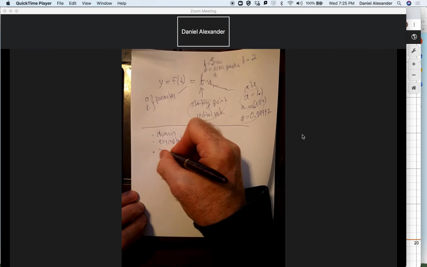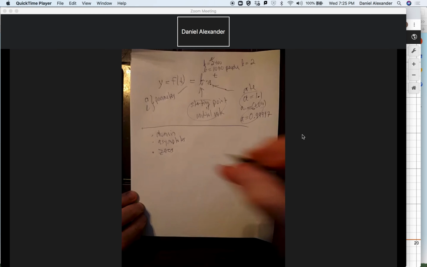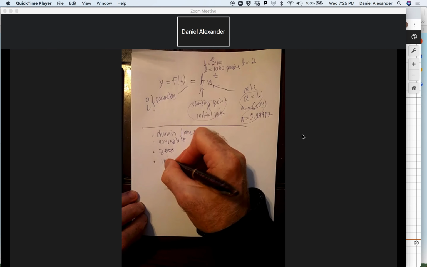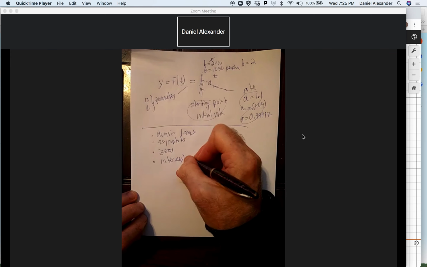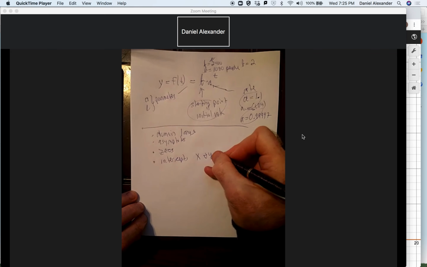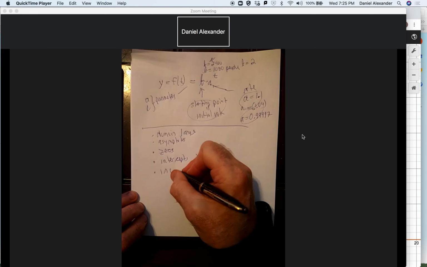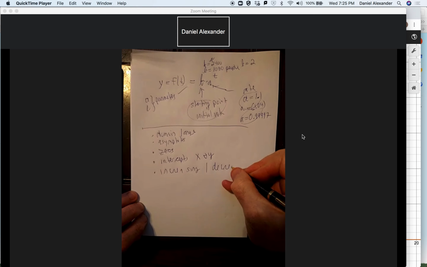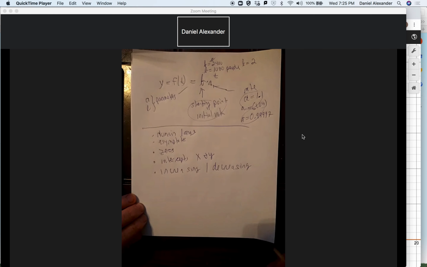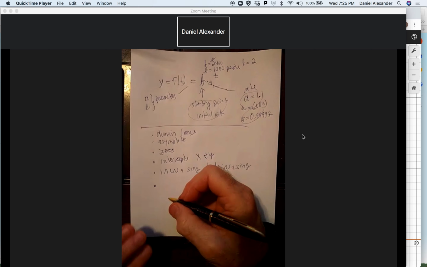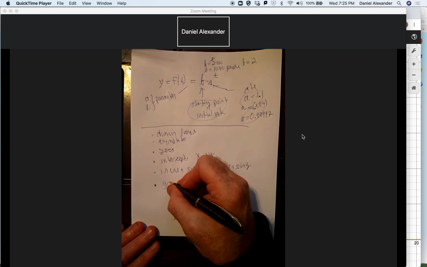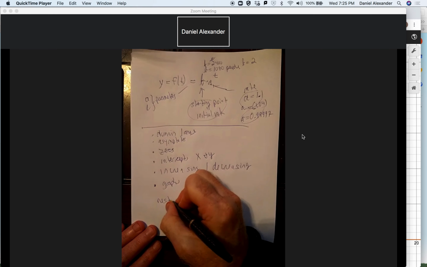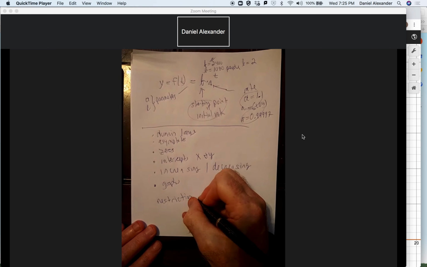We've asked about zeros, range, intercepts, x and y, increasing and decreasing, and the graphs. And then about restrictions. Like, are there any values that we have to be worried about?